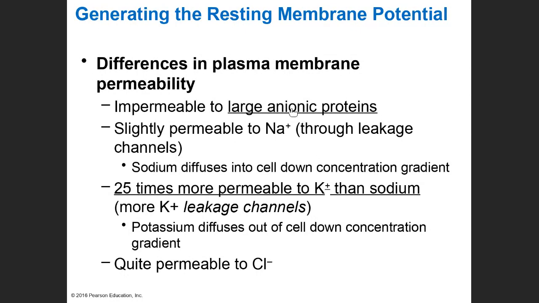Just the fact that we have these large negatively charged proteins inside of the cell also helps contribute to maintaining that negative 70 millivolts. And then again, because we have more potassium leak channels, that's another reason. And remember, we're doing one-way transport with these potassium leak channels. Potassium is leaving the cell. We're having potassium efflux.